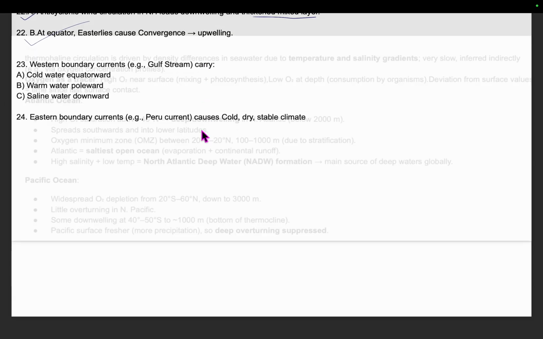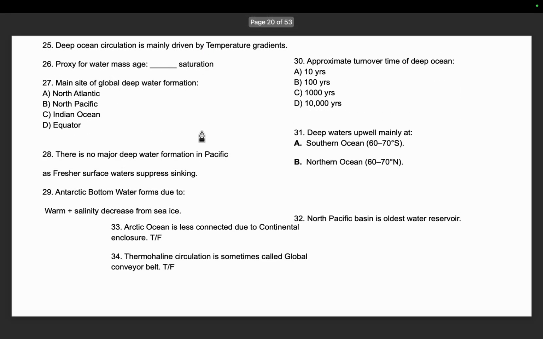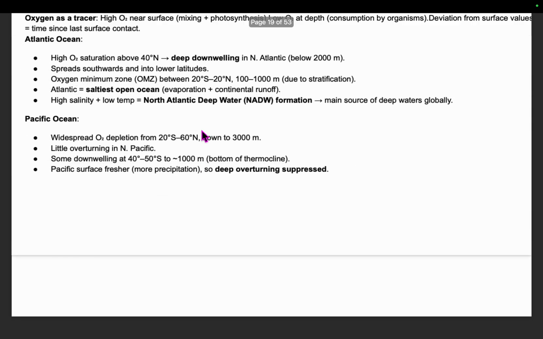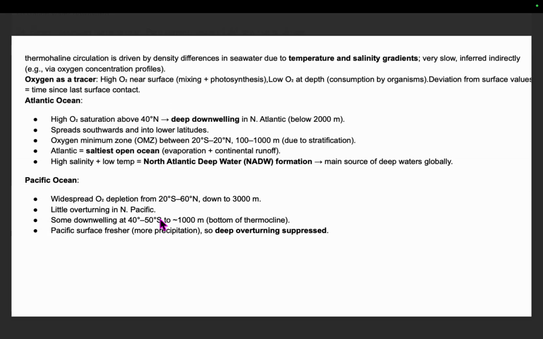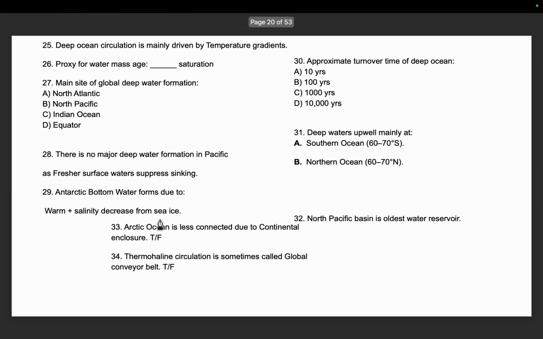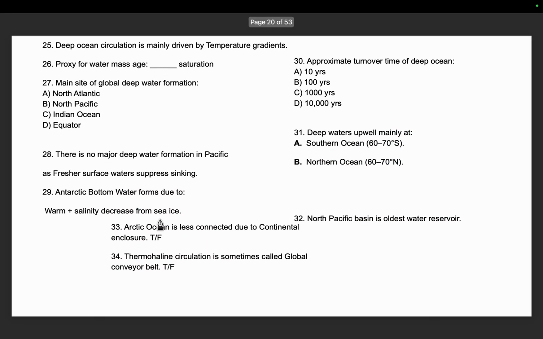Question 23 and 24 we leave for today. Question 25: deep ocean circulation is mainly driven by the temperature gradient. Is this statement true or false?